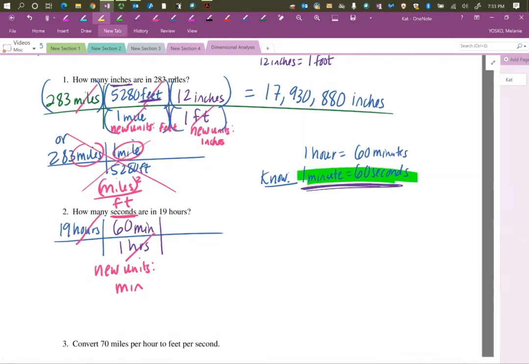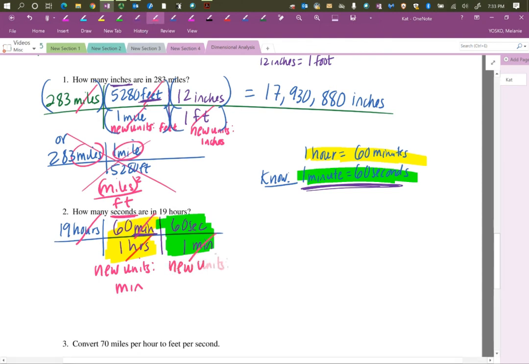This piece. So I use this one here. Now I'm going to use 1 minute is equal to 60 seconds, or 60 seconds is equal to 1 minute. But I have minutes right here in the numerator, so that means for my conversion factor, I need minutes to be in the denominator. 1 minute is 60 seconds. And I did that so that this minutes in the numerator will cancel with this minutes in the denominator.